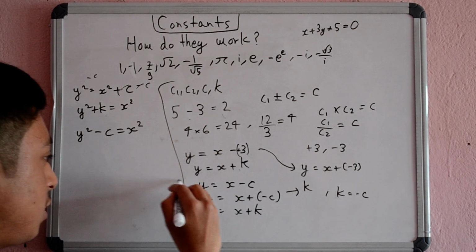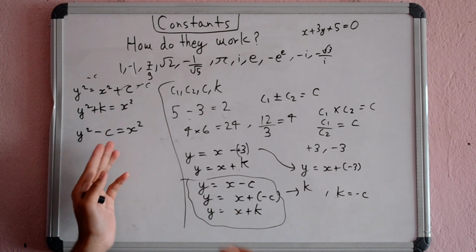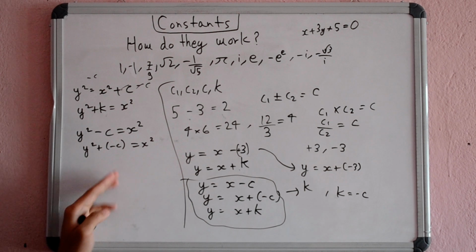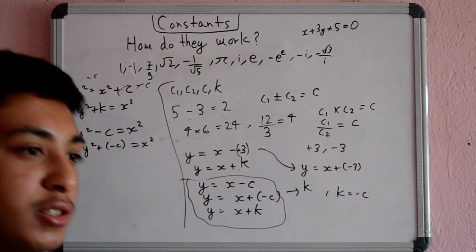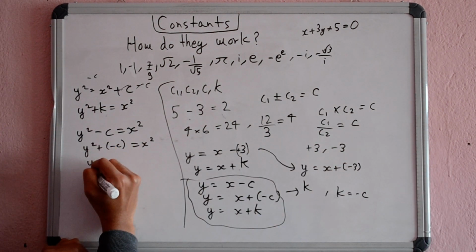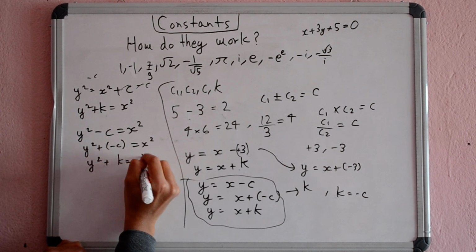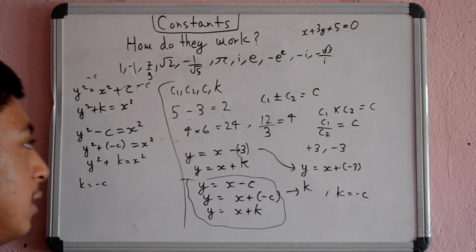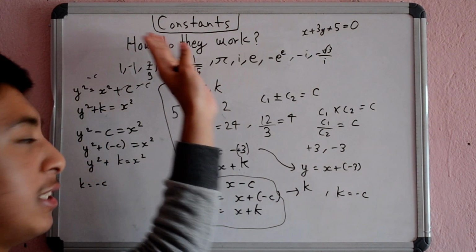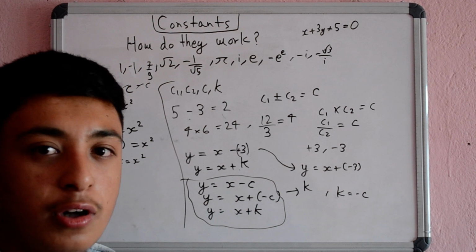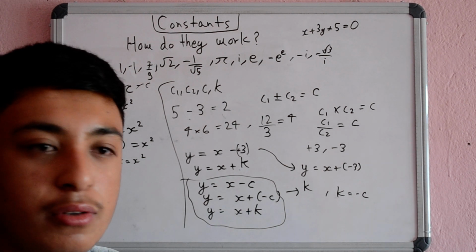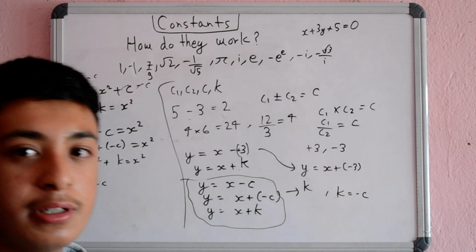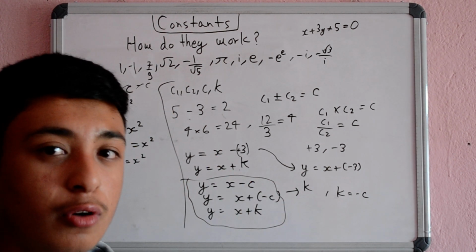And similar to this whole part right here, we can write it as y square plus minus c equals x square, and minus a constant is just another constant. So we can write it as y square plus k equals x square, where k is equal to minus c. I wanted to make this video because I'll be doing a video on solving some exercises for differential equations. All of the methods: variable separation, homogeneous form, exact form, linear form.